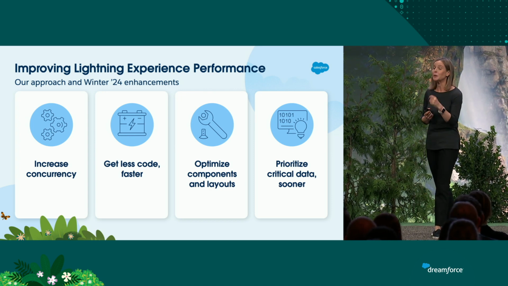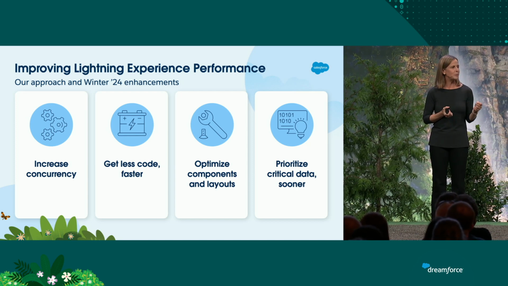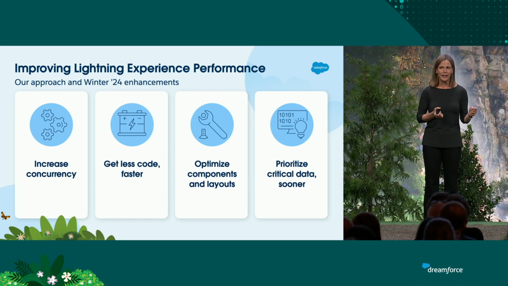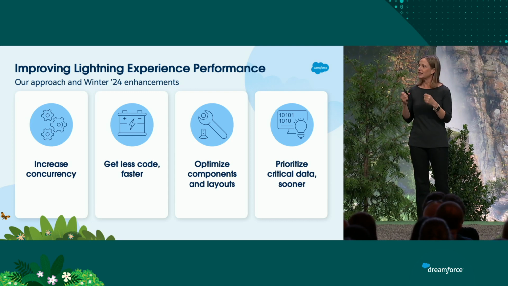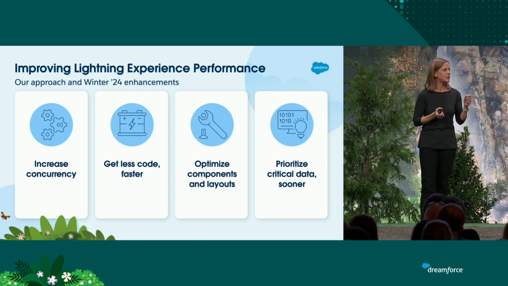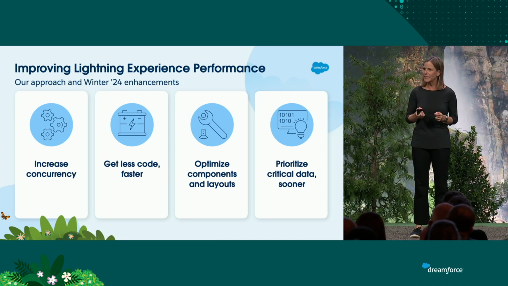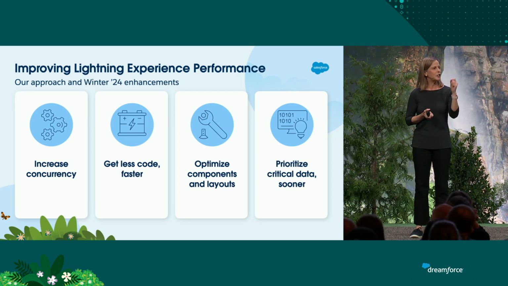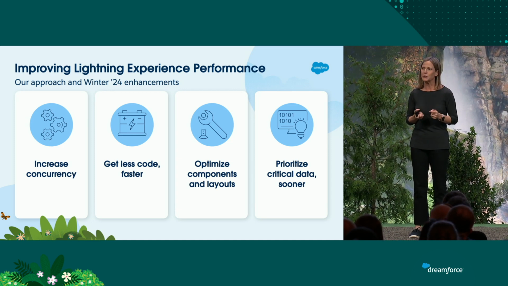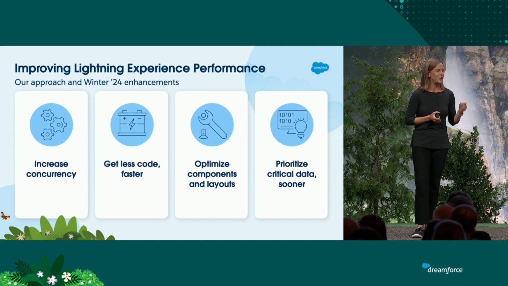In optimizing components and layouts, we've been working behind the scenes to convert objects and components from Aura to LWC, again, getting performance gains along the way. And in the prioritizing critical data sooner, we've changed the way platform actions metadata loads in Winter 24 so that it only loads when the user clicks on the action. So again, we're getting the most important data down first.